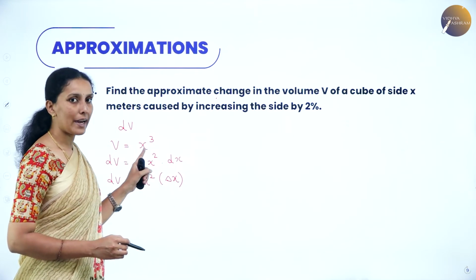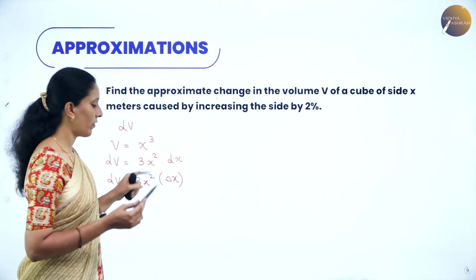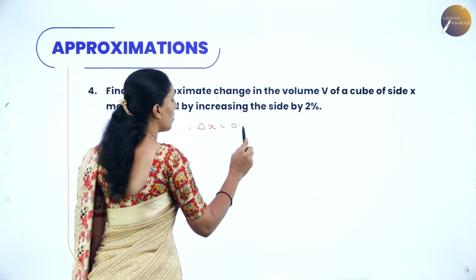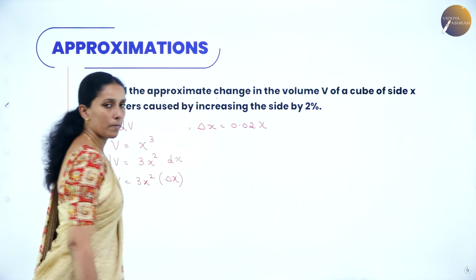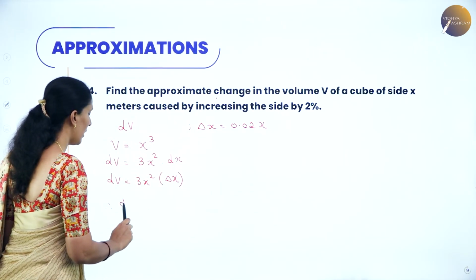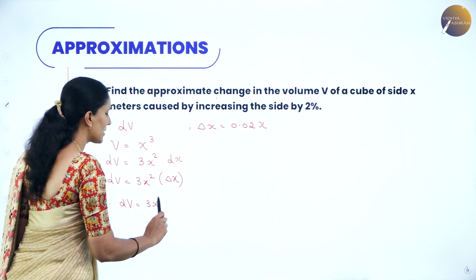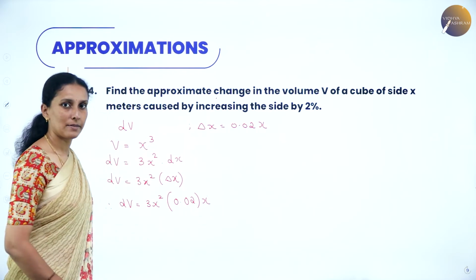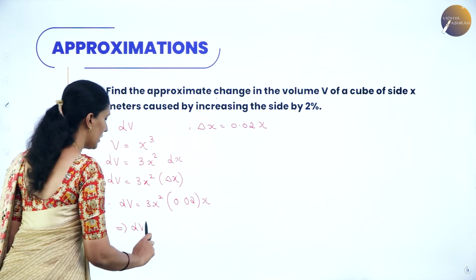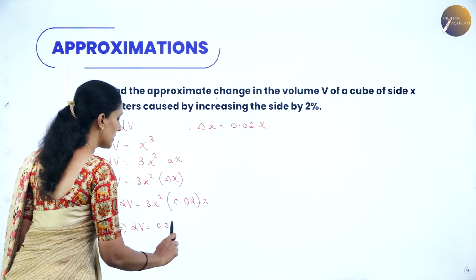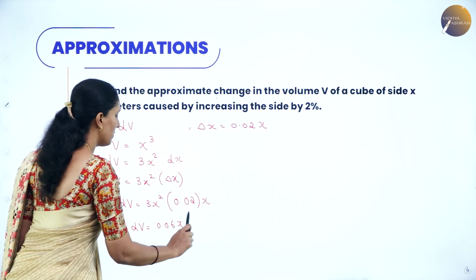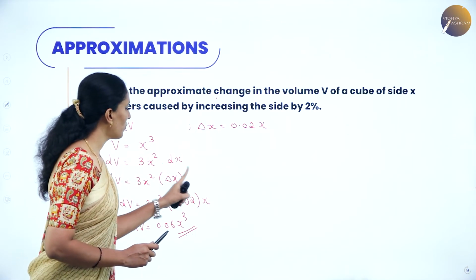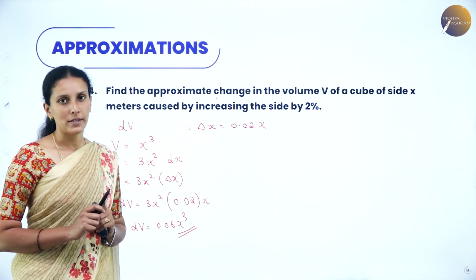So they have given delta x is equal to 0.02 times x. Therefore dV is equal to 3x square into 0.02 times x. So this implies dV is 0.06 x cube, since x into x square becomes x cube. So this is the change in volume whenever the side of the cube is increased by 2%.